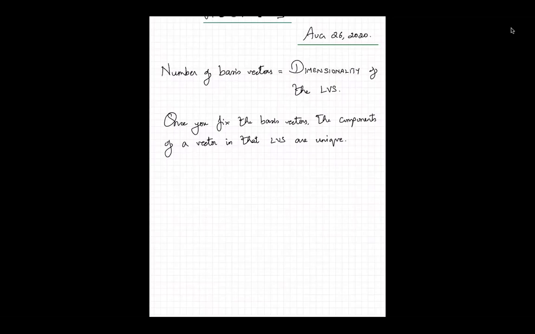For example, suppose I have a linear vector space in which the vectors are the set of all 2 by 2 matrices with 0 trace. So I can have any 2 by 2 matrix with 0 trace.